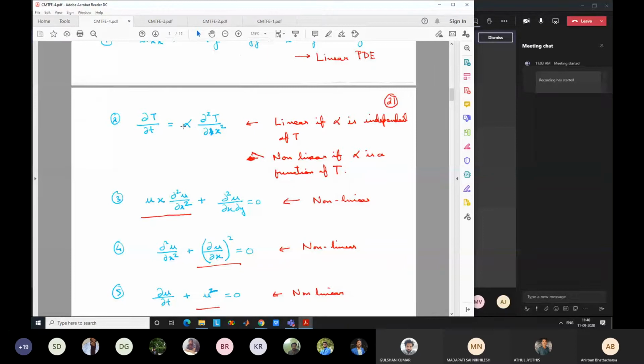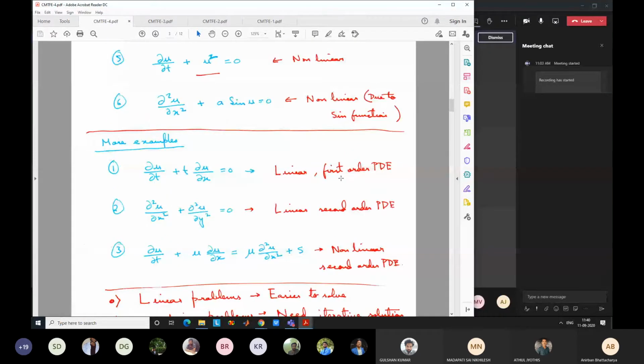Some more examples, just to put this strongly in our memory, of the different nomenclature of equations. This equation, del u del t plus t del u del x, is a linear first order PDE. The highest order derivative is a first order derivative. Both the derivatives are first order, and if t is independent of u, this is linear.